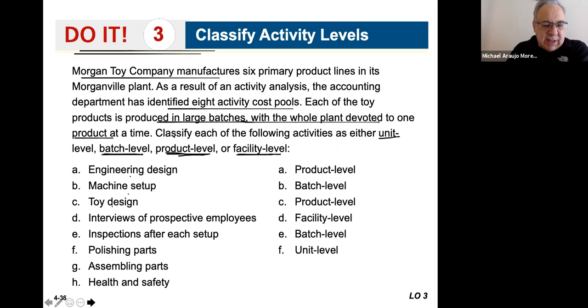Polishing the parts before they are part of that assembly is going to go into every unit. So it's a unit, parts go into the unit. So it's going to be a unit level activity. Assembling those parts, again, are part of putting together the unit. So it's a unit level activity. And the health and safety of all involved is a facility level activity.